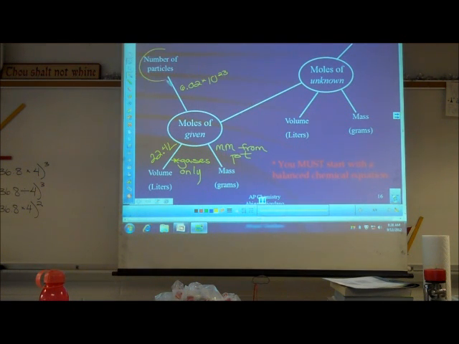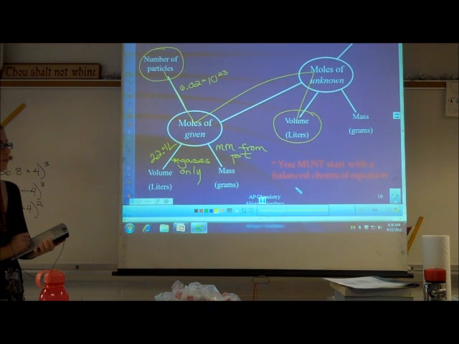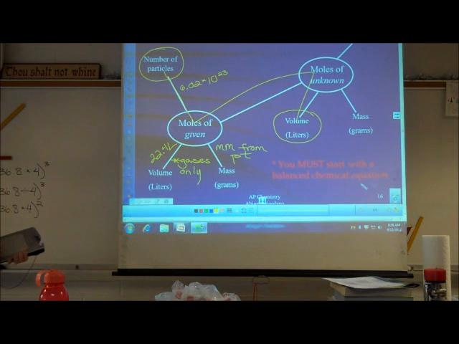If I gave you a number of atoms and asked you to solve for liters of some gas, this diagram also tells you how many steps that problem would be. That would be a 1, 2, 3 step problem. And again, I may put this in red because it is important. You cannot do any kind of stoichiometry unless your equation is balanced.